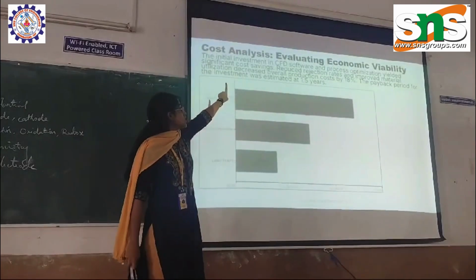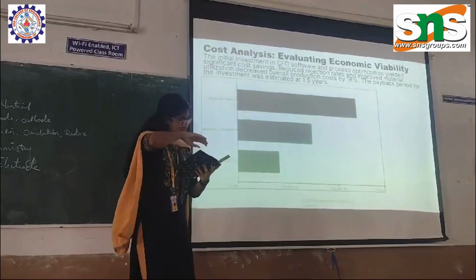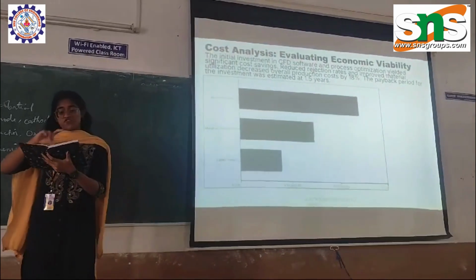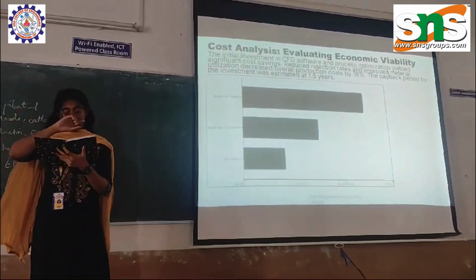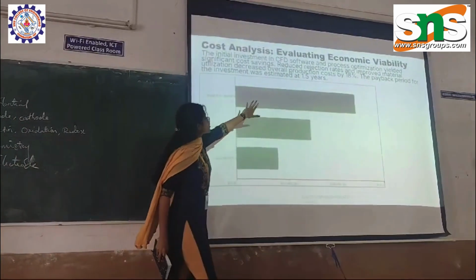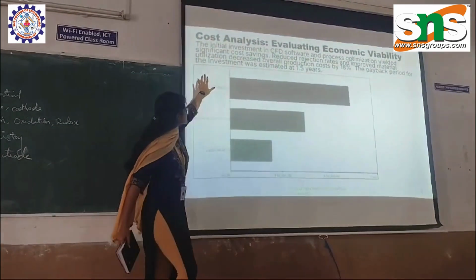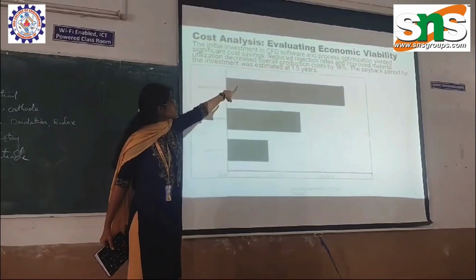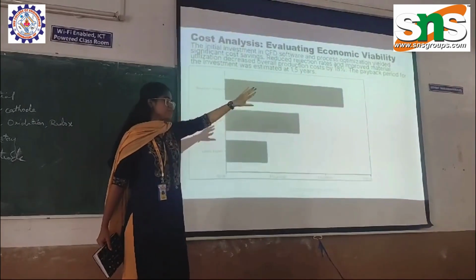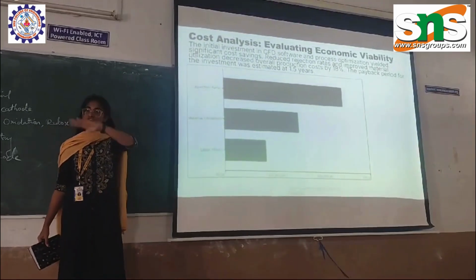CFD is computational fluid dynamics, used for fluid flow, ion transport and electrochemical reaction, plating uniformity and efficiency. So CFD software and process optimization yield significant cost savings, reduce rejection rates and improve material use. Rejection rate is nothing but it actually helps to resolve the problem.